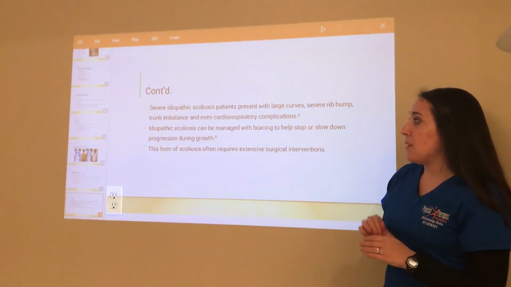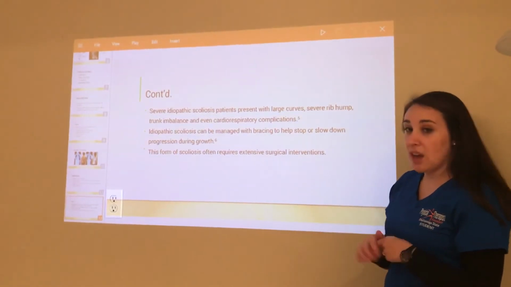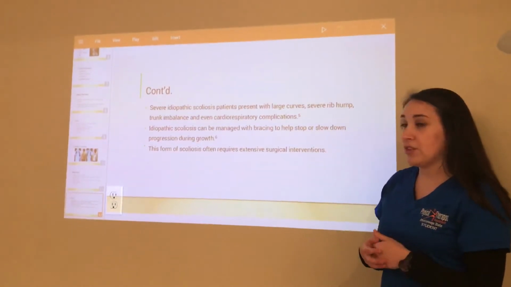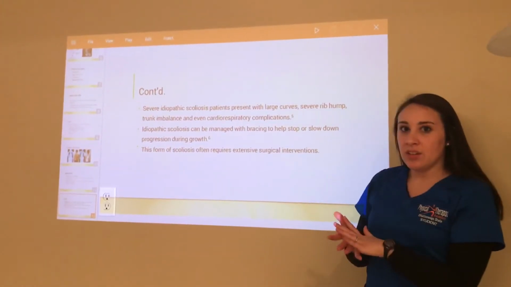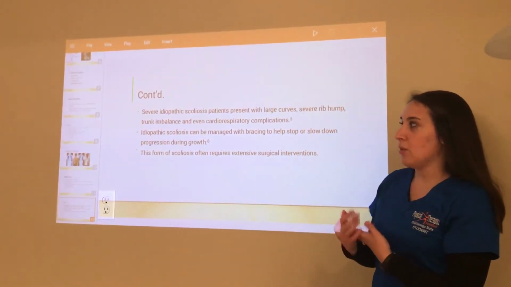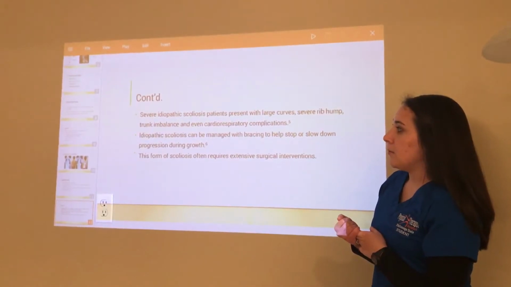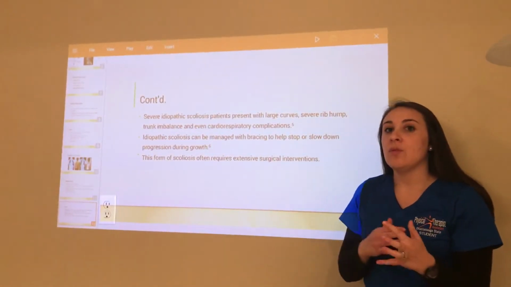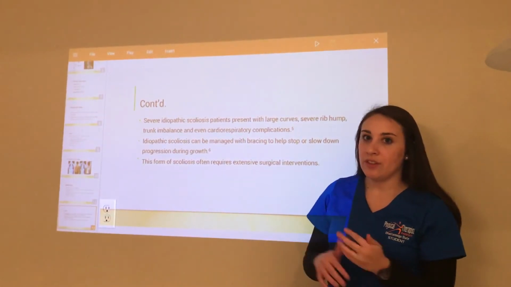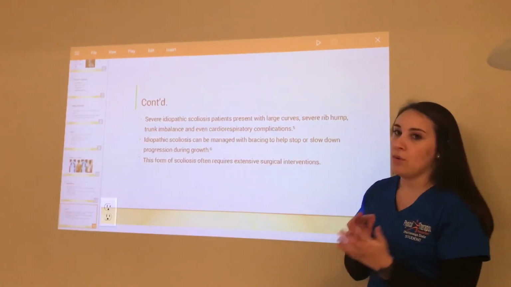Idiopathic scoliosis can be managed with bracing to help stop or slow the progression during the growing years. Bracing can't completely correct idiopathic scoliosis, or most cases can't be completely corrected, but you'll get a greater correction if you include bracing during the growing years, because the spine is more malleable.